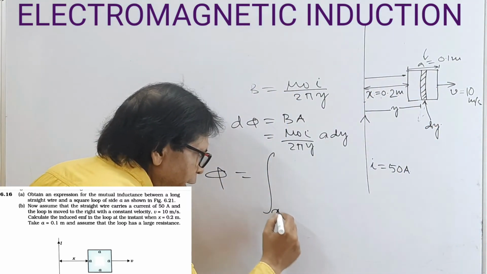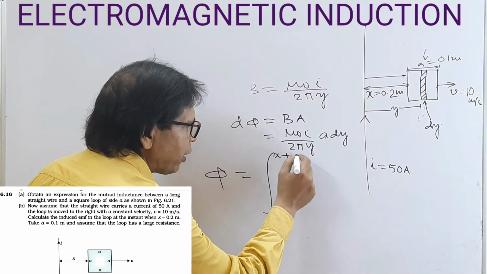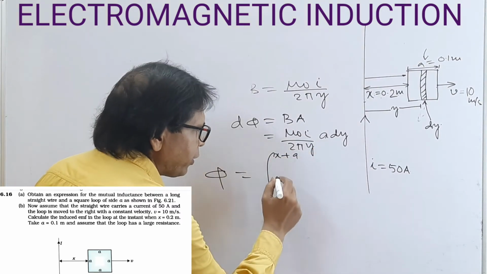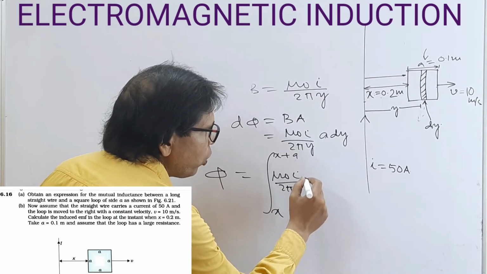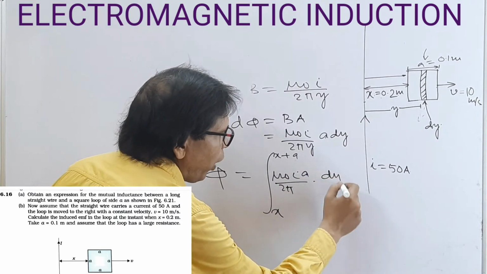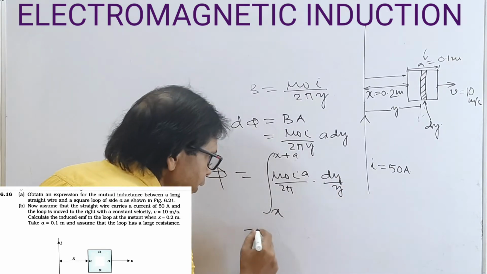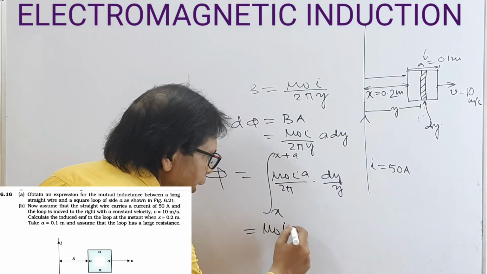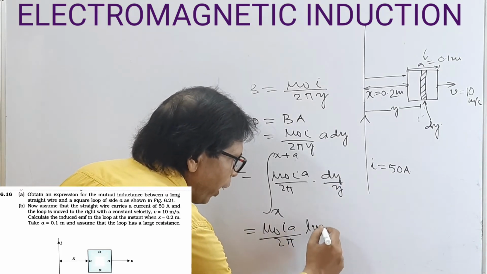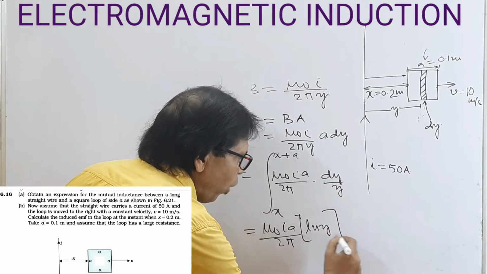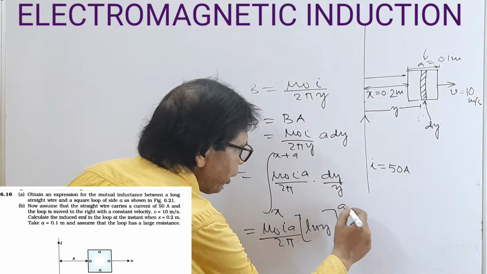This is mu naught I divided by 2 pi into a and here dy by y. Now this is mu naught I a by 2 pi and this is ln y, with lower limit x and upper limit a plus x.